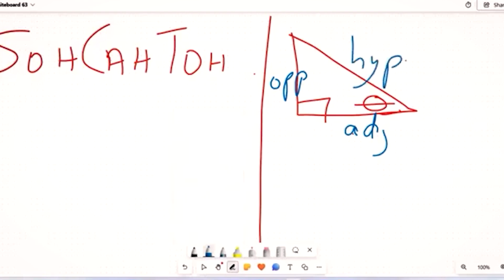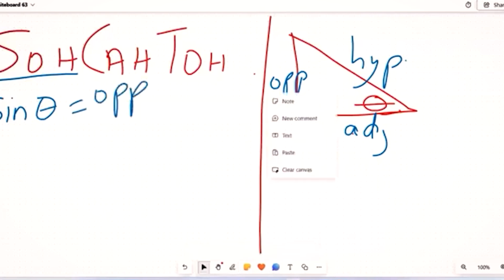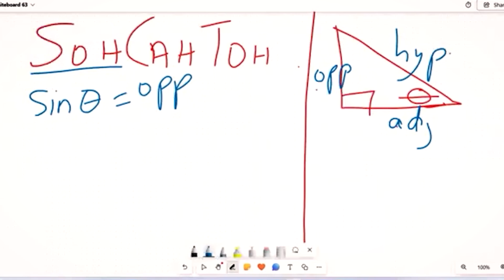All right. What does SOH mean? SOH means sine. There are 6 trig ratios we need to know. Sine of angle theta is opposite to theta over hypotenuse.